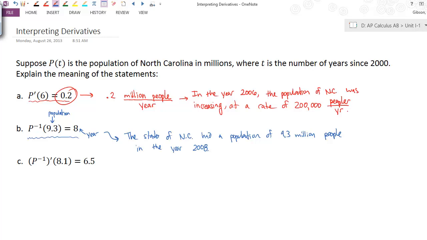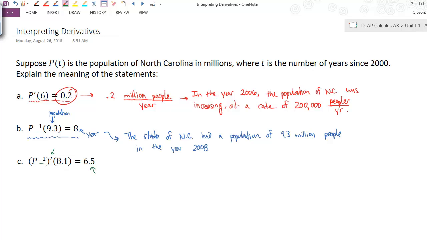Okay, now in part C, we're doing both. Notice we're still talking about this inverse relationship. We are talking about the derivative of that inverse relationship. So the units on the actual inverse relationship would have been years, but now we're looking at change in the year with respect to the population.